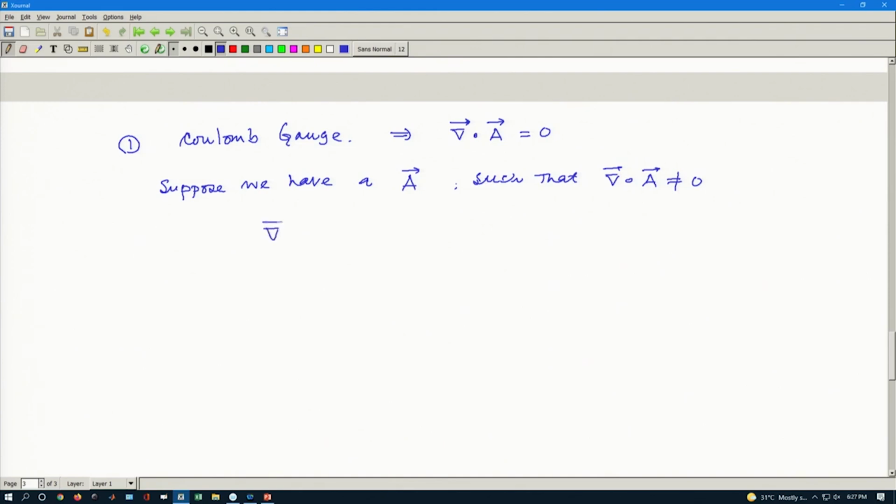And if this is not equal to 0, then we say this value is some scalar field f(r, t).